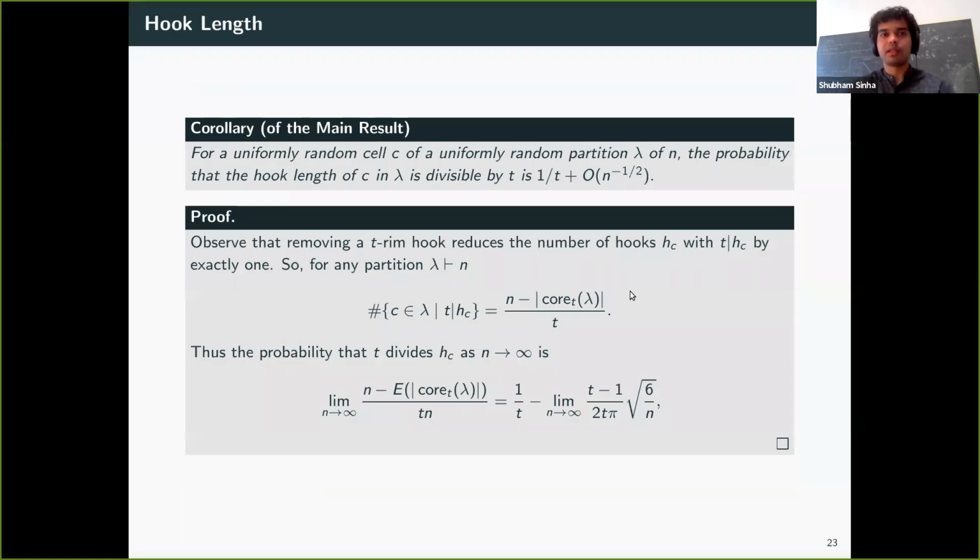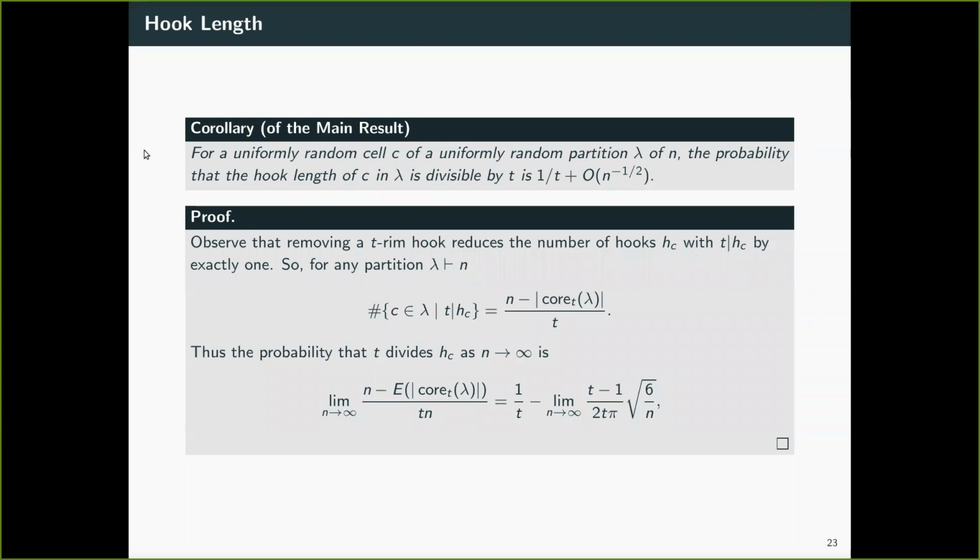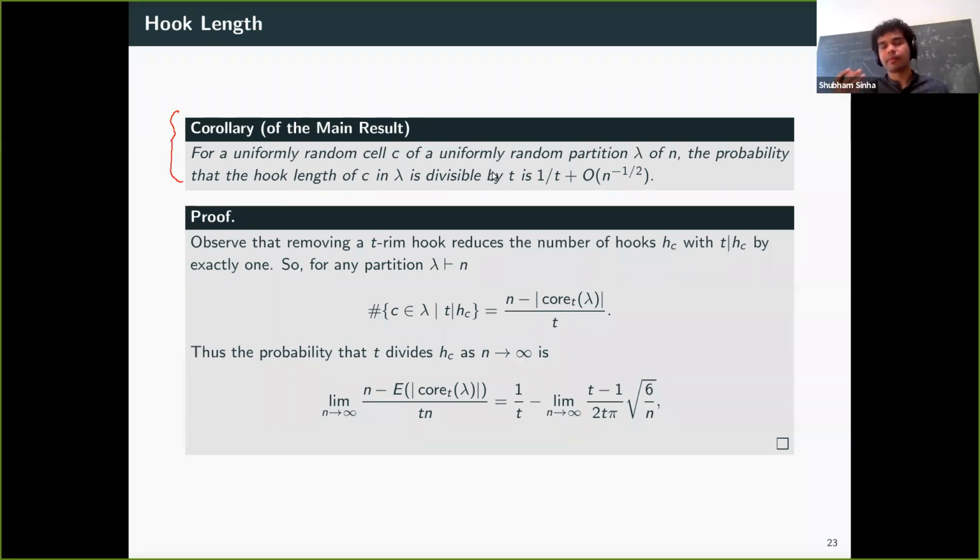So now this will be very useful. Since we have developed the dictionary for what we need, we can start with stating at least the corollary. Recall that the T core of a partition in expectation is small in number. It's of order square root n.